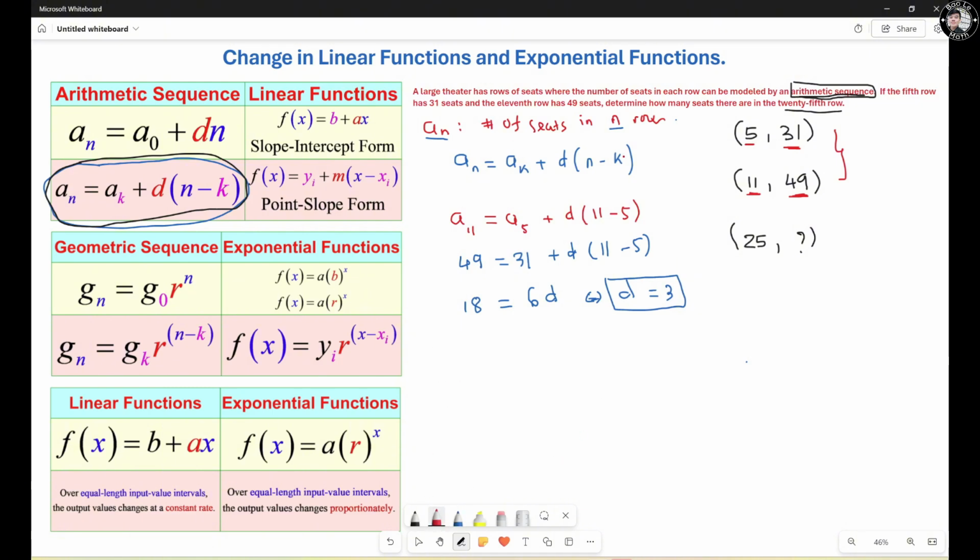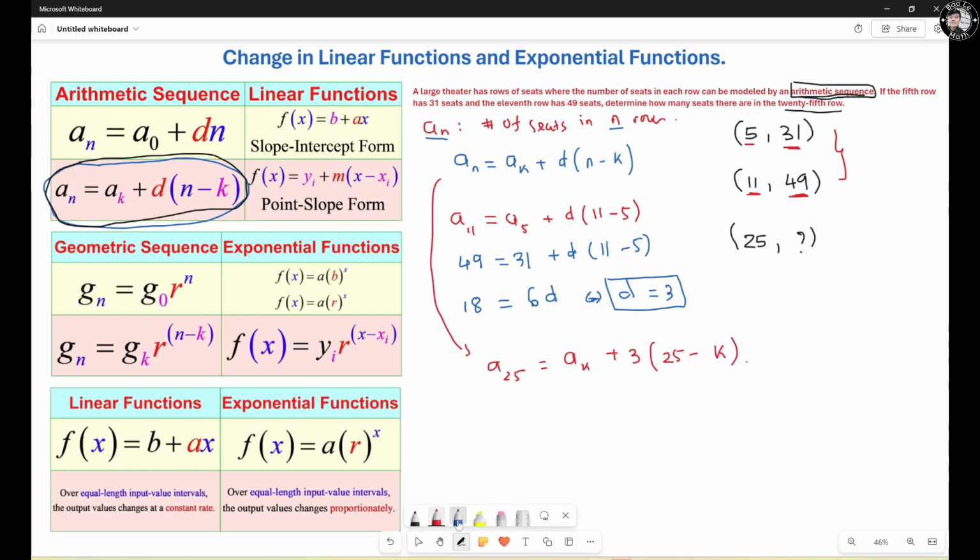Alright, so I'm going to use this formula right here to find a sub 25. I use this formula one more time. So it could be a sub 25 equal to a sub k plus the common difference, which is 3. So I put 3 right here, parenthesis 25 minus k.